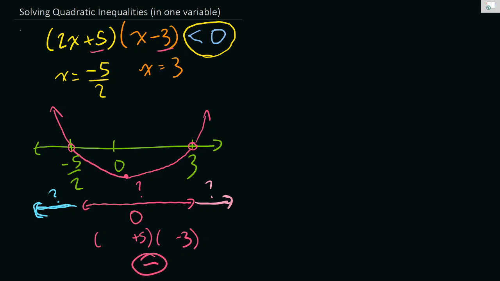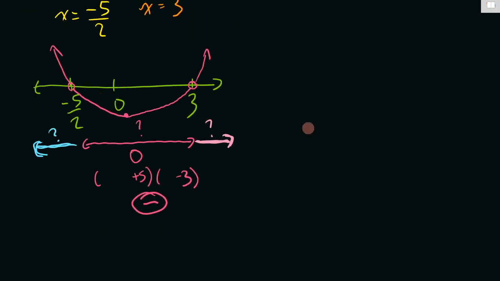As a really quick check, the nice thing about going off forever is you can plug in a really big number, and most of the stuff disappears. Let me rewrite my equation to show you what I mean: 2x plus 5 times x minus 3.